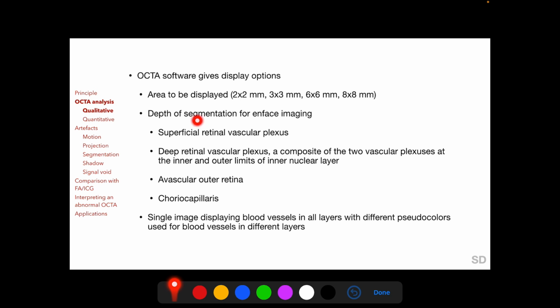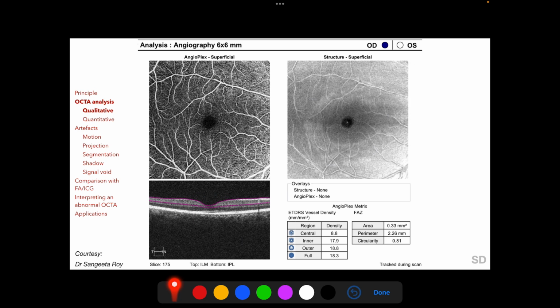There are also options for the depth of segmentation for en-face imaging to individually study the superficial retinal vascular plexus, the deep retinal vascular plexus, the avascular outer retina and the choriocapillaris in addition to other layers, or to display a single image showing blood vessels in all layers of the retina and the choroid with different pseudocolors used for blood vessels in different layers. We'll first see OCTA images from a normal eye before we go on to discuss the normal OCTA findings.